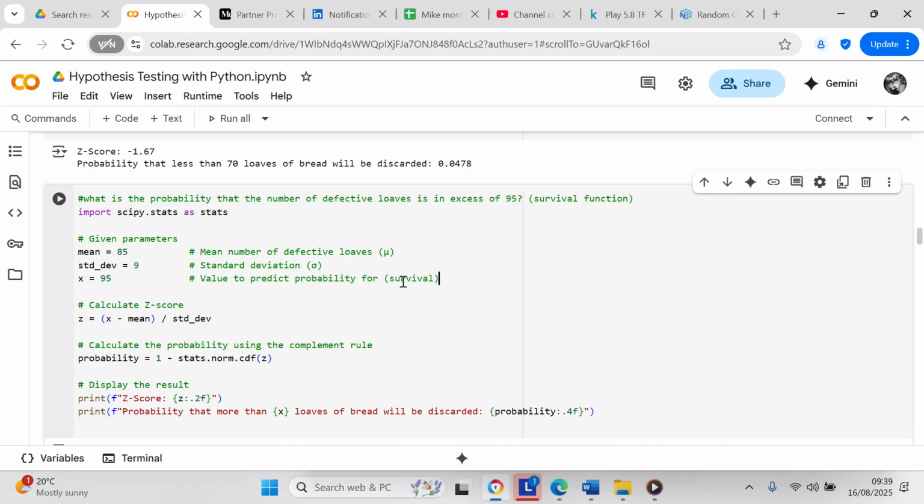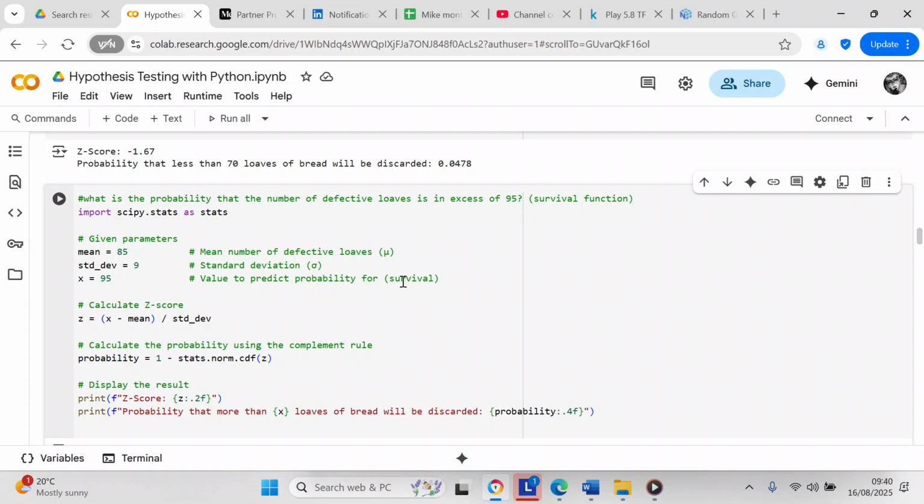Okay, so we're going to calculate the z-score. Z equals x minus mean, so that's 95 minus 85, which is 10, divided by your standard deviation of 9. So 10 divided by 9 is going to be a little over 1, maybe 1.1. And then we're going to calculate the probability using the complement rule.